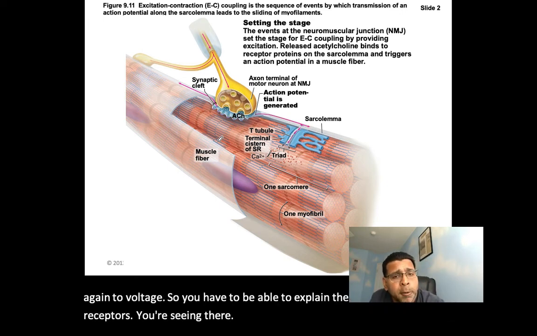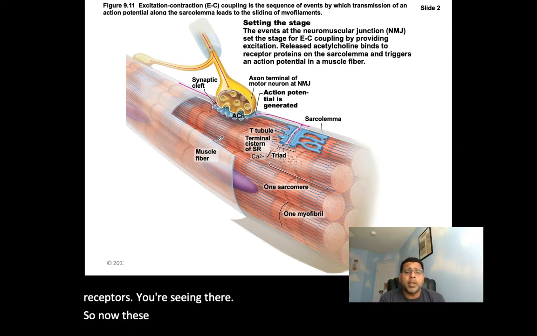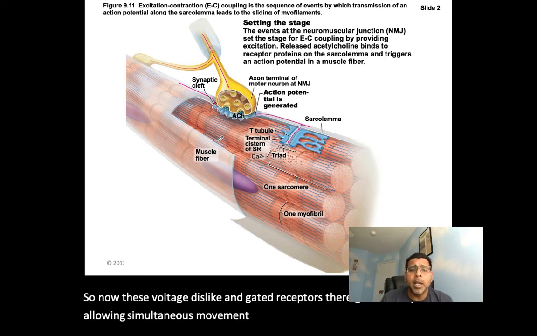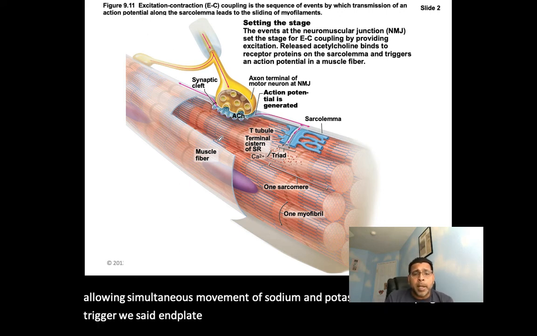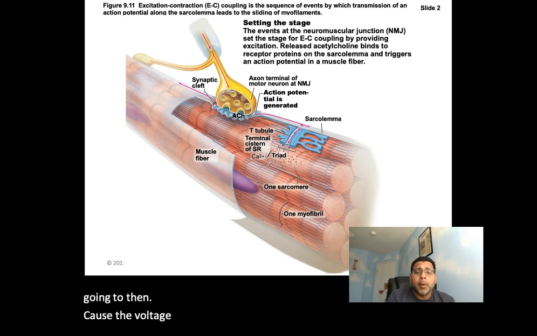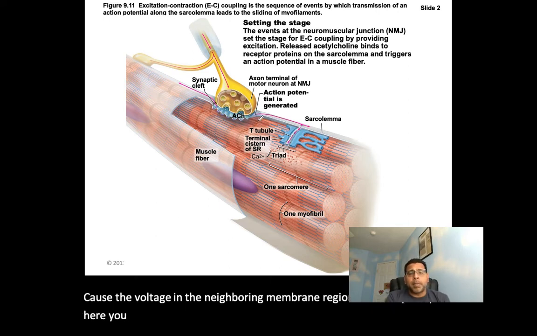Now these ligand-gated receptors get excited, allowing simultaneous movement of sodium and potassium and helping to trigger, we said, end plate potentials. These end plate potentials are then going to cause the voltage-gated channels in the neighboring membrane region to open up. So here you can see the action potential is now going to be spread across in both directions.